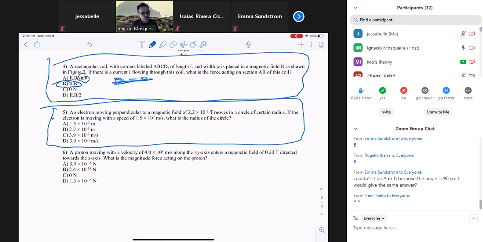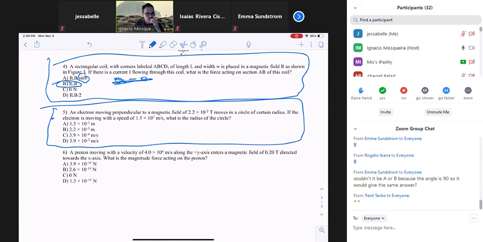Please try to do it right now, because there's something very similar to that in the exam as well. Go to your notes right now, so you don't spend a lot of time looking through notes at the time of the exam, and figure out how you find the radius of curvature of a particle moving in a magnetic field. We'll stop here. This will be the last question we do.